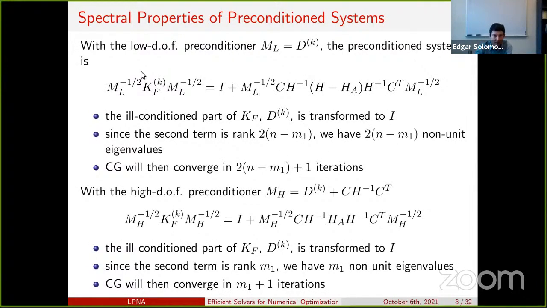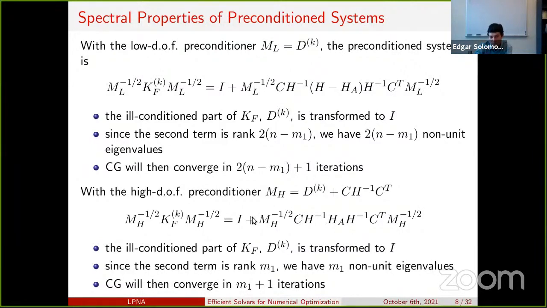So if we perform two-sided preconditioning with these to preserve symmetry, which is equivalent to doing the one-sided thing when you actually evaluate it in execution, we see that we get rid of this leading term Dk, and instead are left with simply this remaining term, which in both cases we can show is bounded in rank.